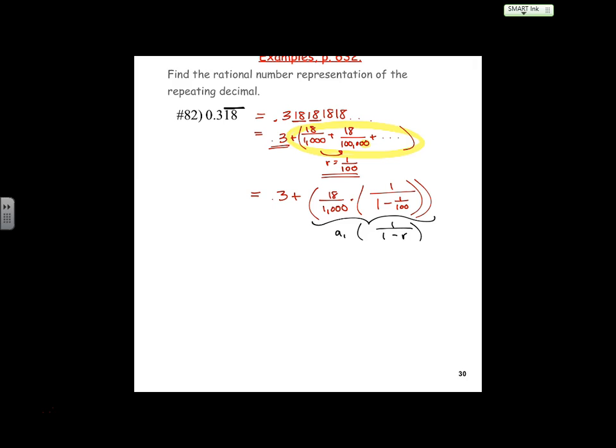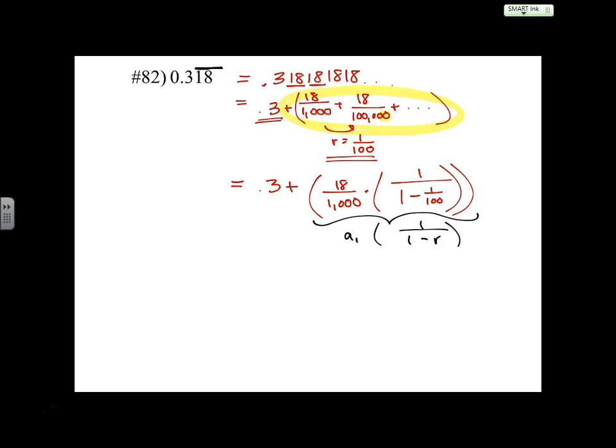What do I have left? 99 over 100. So I have 0.3 plus 18 over 1,000 times 1 over 99 over 100. Don't you just flip it? So wouldn't that be 100 over 99?